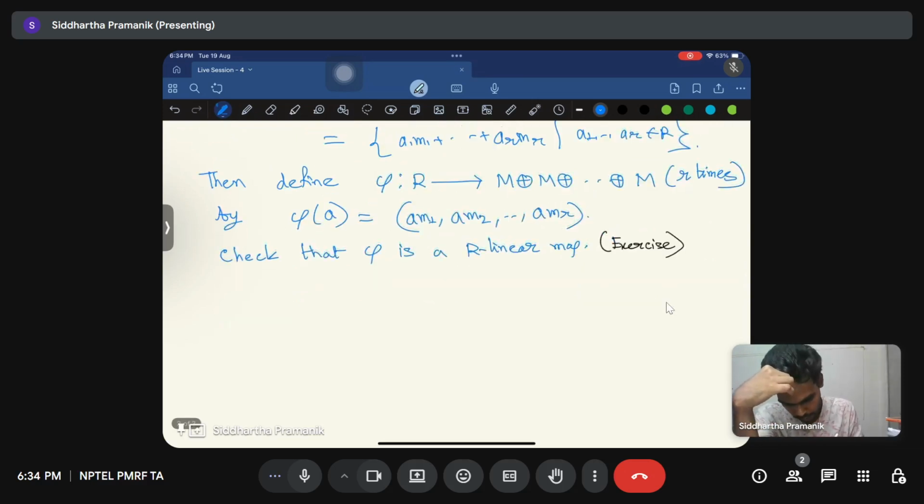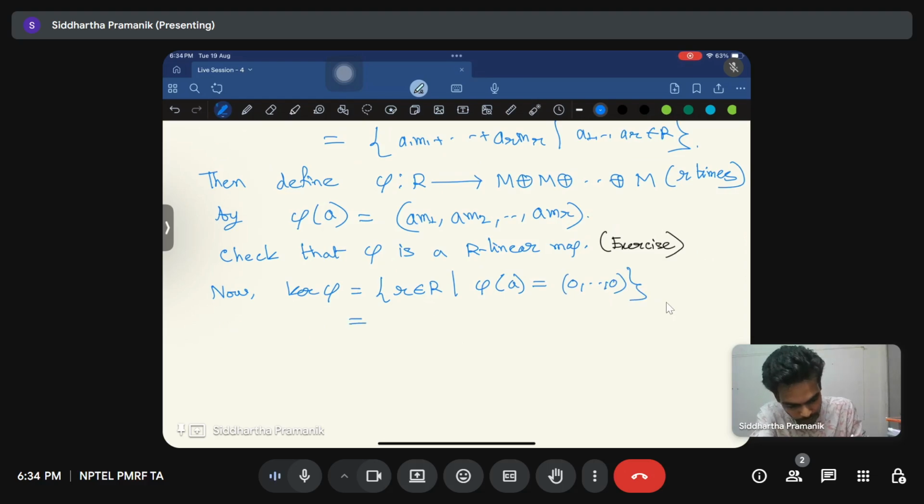So now what is the kernel of this map phi? So definitely it is an ideal of R. So it is the set of all those elements of R whose image is just the 0 tuple.